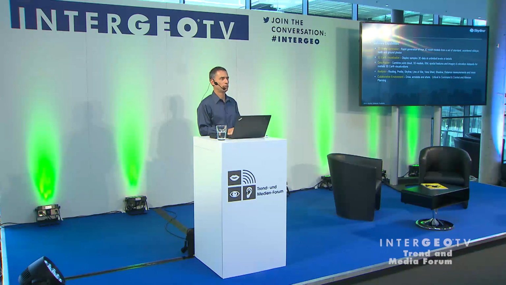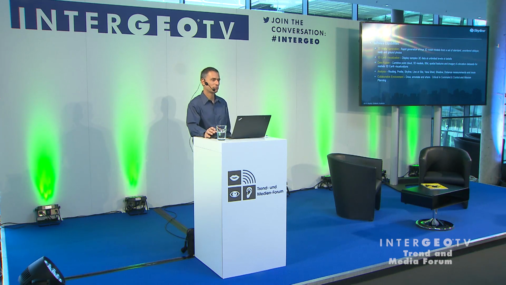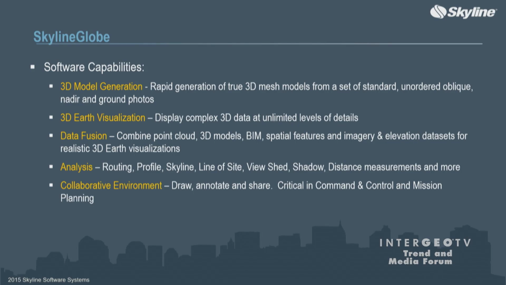So you can load your BIM models, you can load your point cloud models. You can load your spatial features and anything else which has any kind of spatial connotation, imagery, elevation layers, and so on. All of this can be visualized dynamically on any kind of device. We support iOS, Android devices, so you can take it mobile with you, desktop, and the cloud.